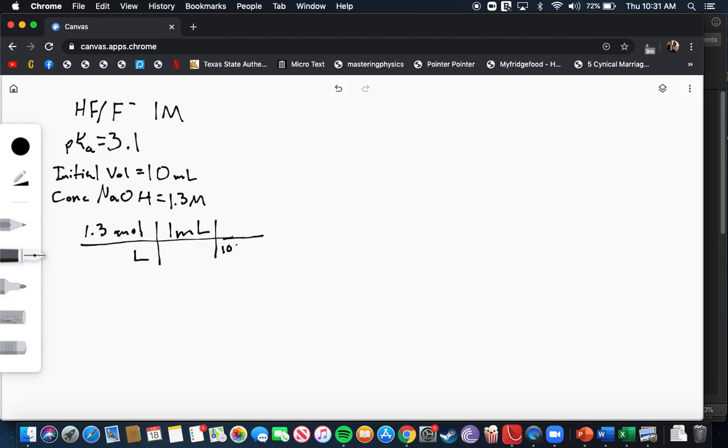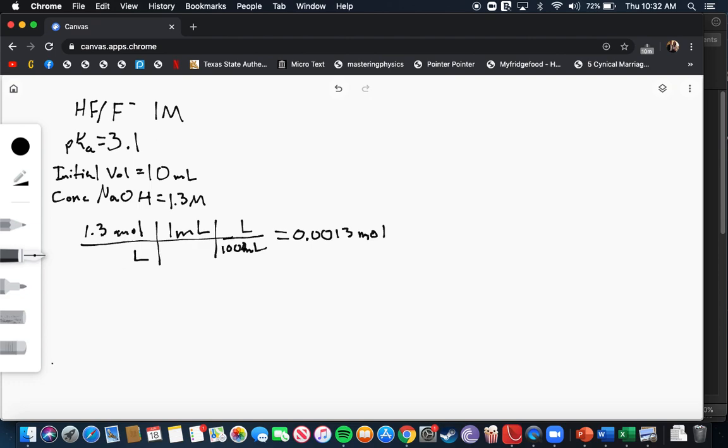So there's 1,000 milliliters in 1 liter, and that's going to give us 0.0013 moles. So that number of moles is going to react with the hydrofluoric acid to produce more fluoride.